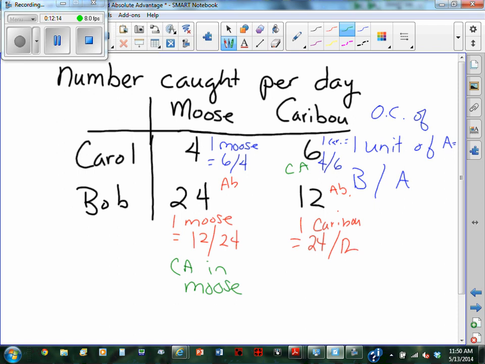And Bob could then spend the other half of the day going after moose, and they would end up with 12 moose and 12 caribou, which is a production possibility. It's impossible for either of them individually with current production. Bob could not have both 12 moose and 12 caribou. So they can both consume beyond their production possibilities curve if they specialize and trade.